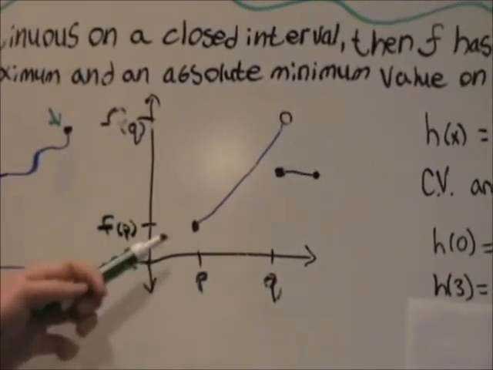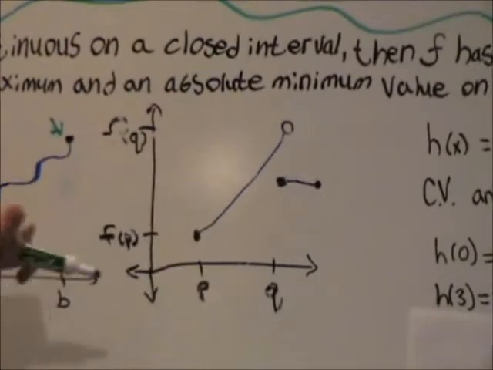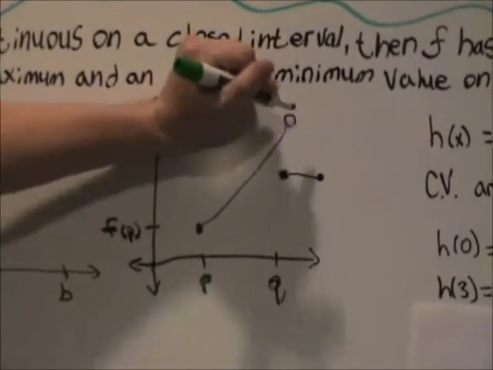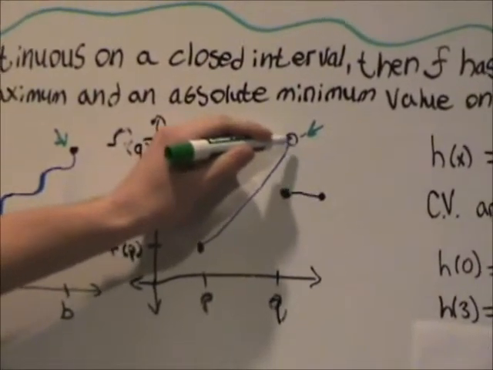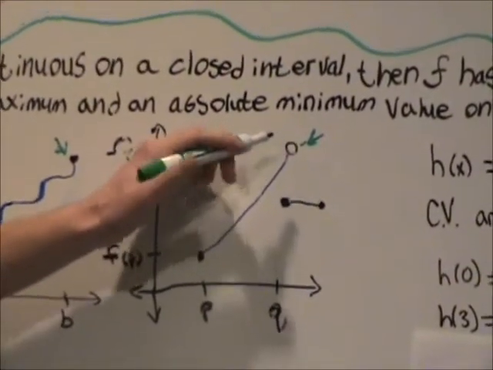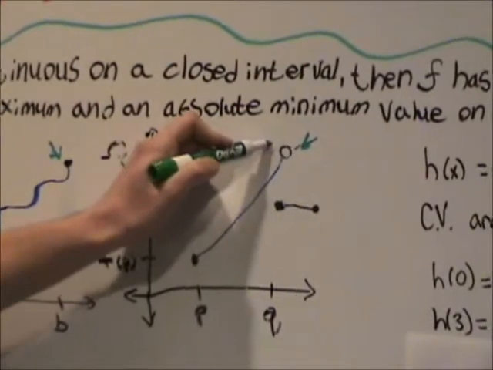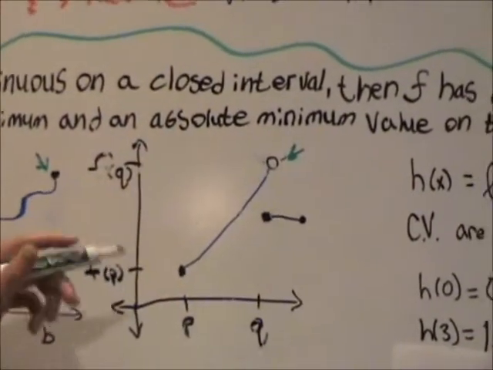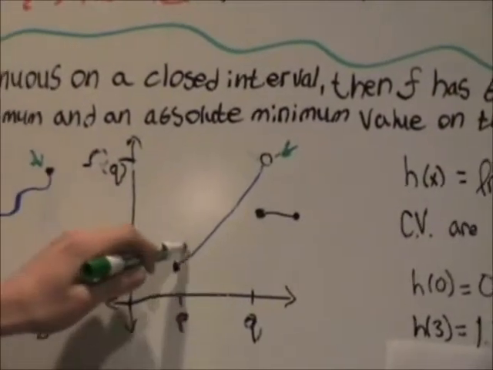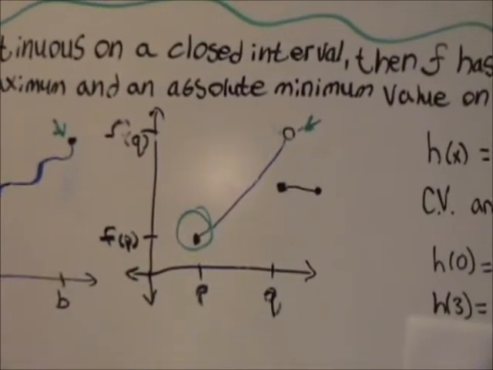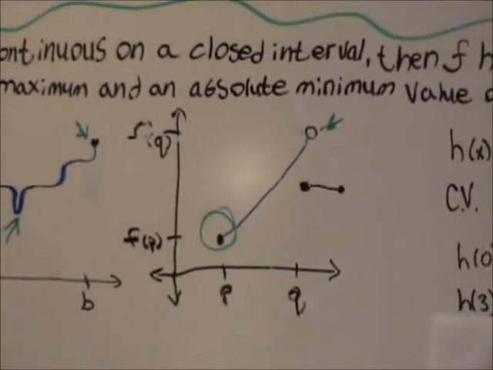Well, we have a discontinuity there, and there can't be an absolute maximum because the points can get infinitely close to that point, but there is no actual maximum value. There is a minimum, but there is not both a maximum and a minimum, so it doesn't follow the theorem.